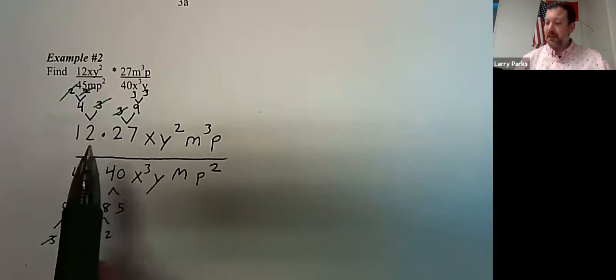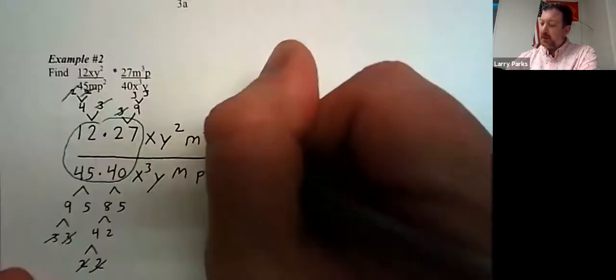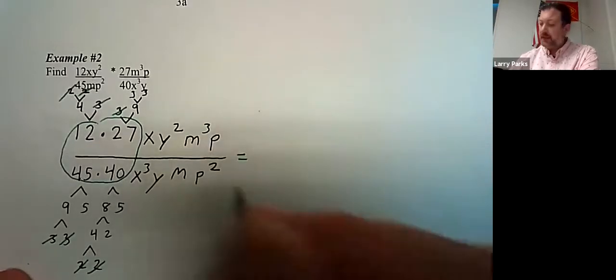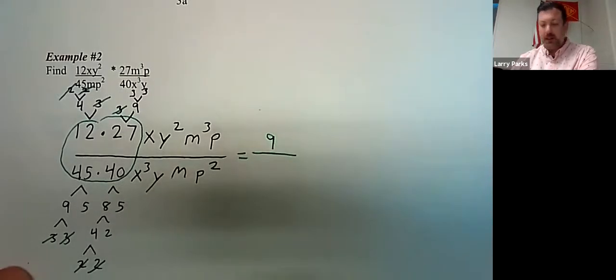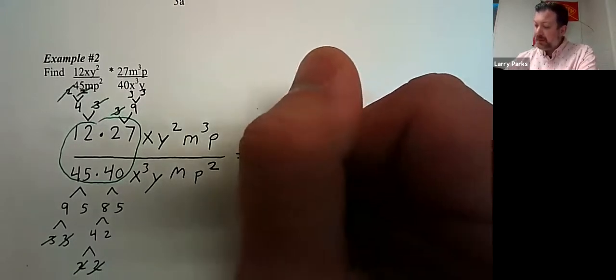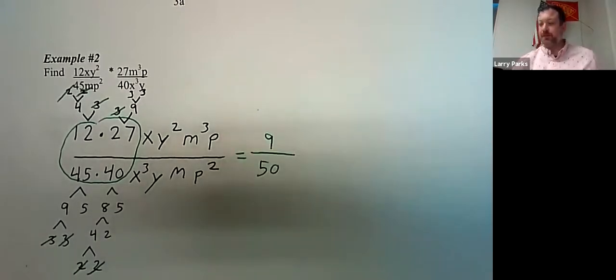So it looks like this part right here reduces to 9, 3 times 3, over 5 times 2, times 5, so 9 over 50. So that's one way you could do it. I'm just going to confirm on my calculator. Nine over 50. Okay.